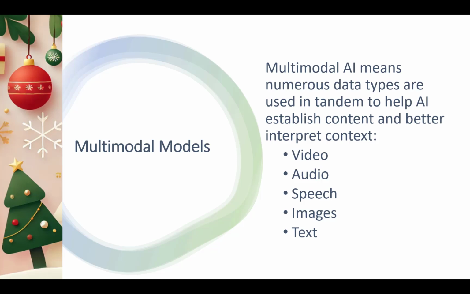A simple example of a multimodal model is DALL-E 3 that can convert text to images. Multimodal artificial intelligence means numerous data types are used in tandem to help artificial intelligence establish content and better interpret context.